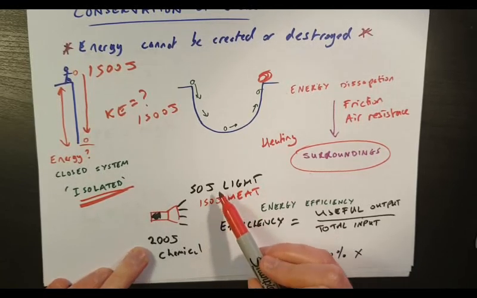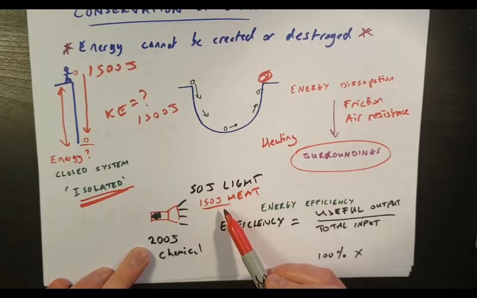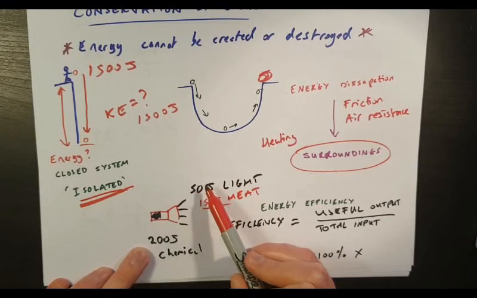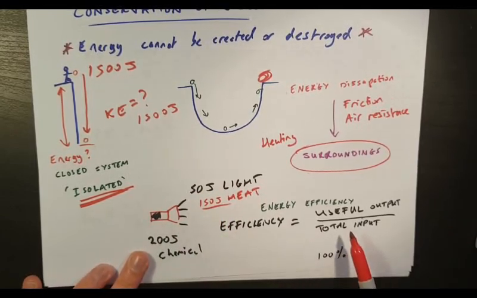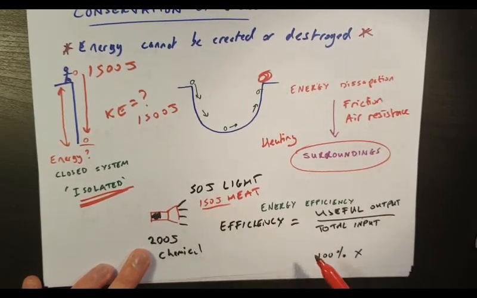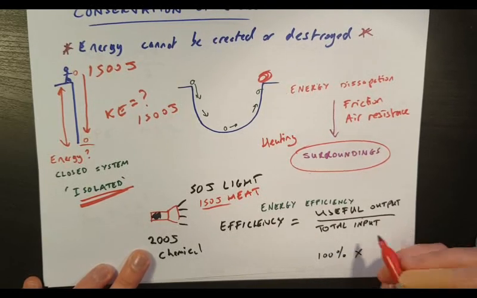You need to think, how much useful must there be? Say they told us there was 150 wasted. If there's 200 to start with, there must have been 50 useful given out on the other end. We could then put these numbers into our equation: useful, which would be 50, divided by the total input, which would be 200. That would give us 0.25.